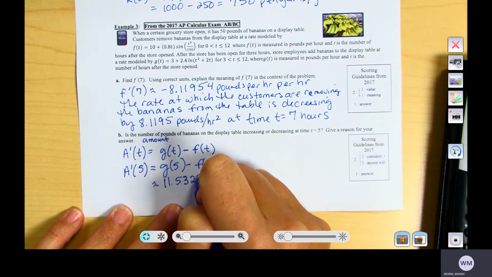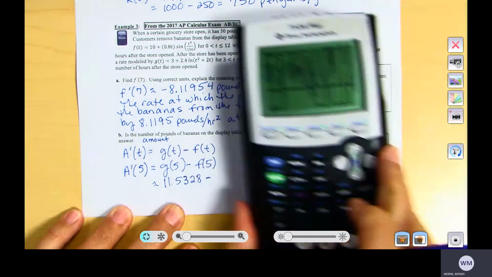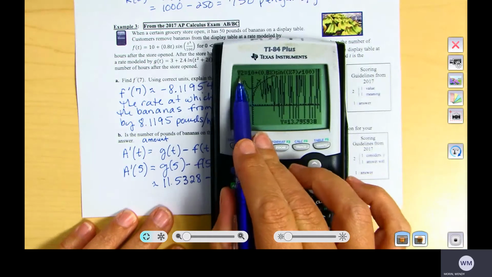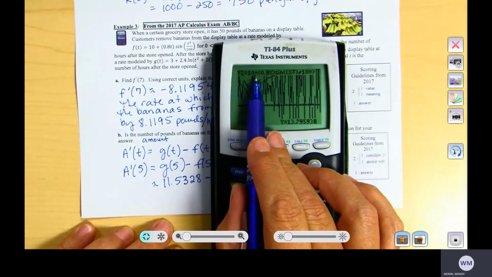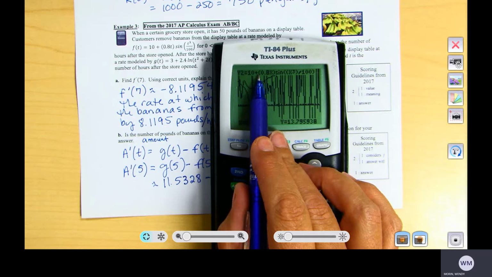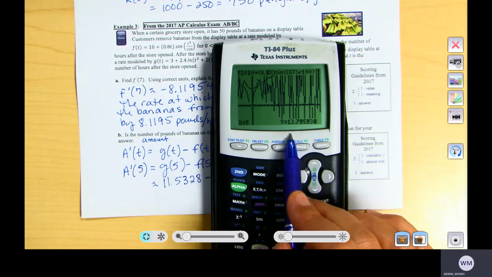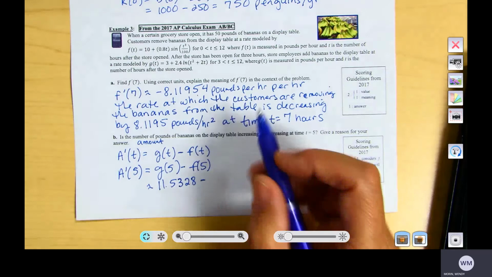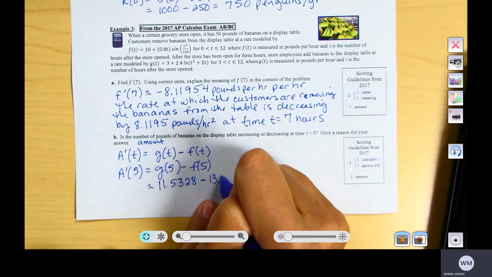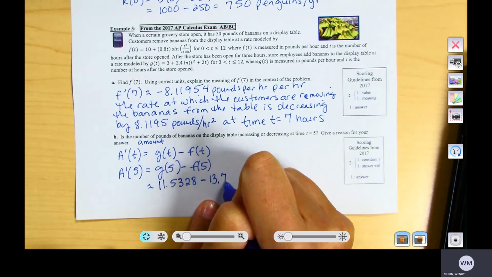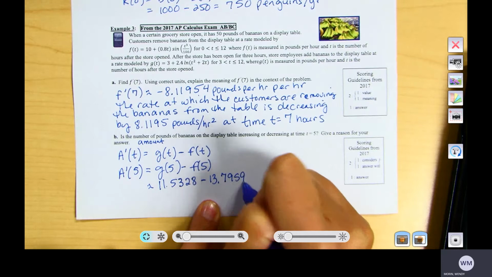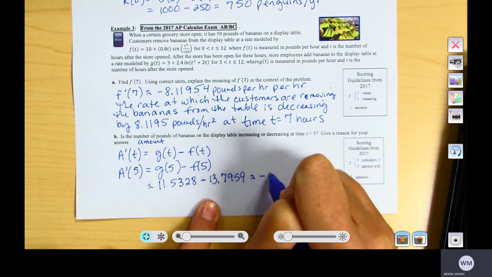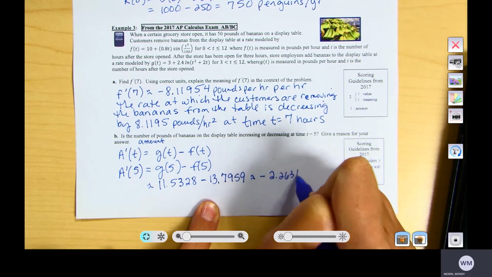So 11.5 minus, I just arrowed up and I went to the second equation. That's our f of t, and our answer is 13.7959. So that is approximately negative 2.2631.